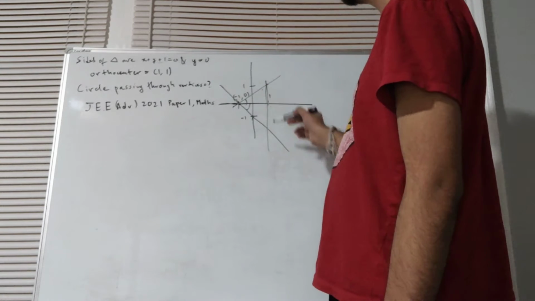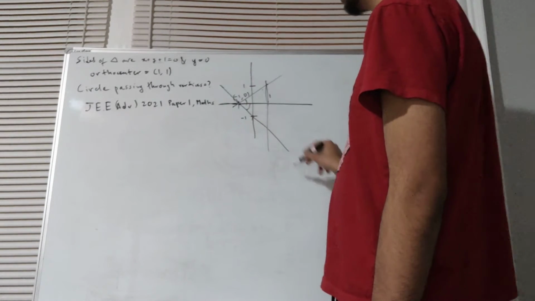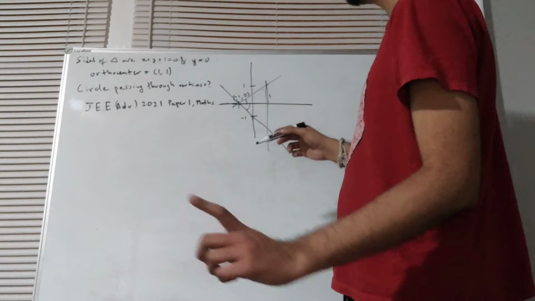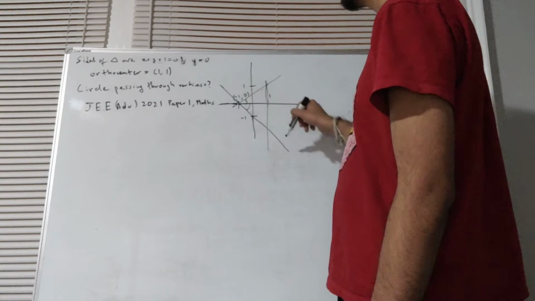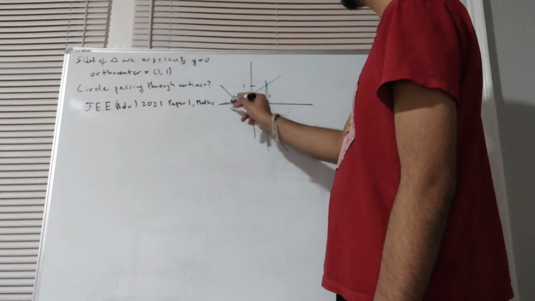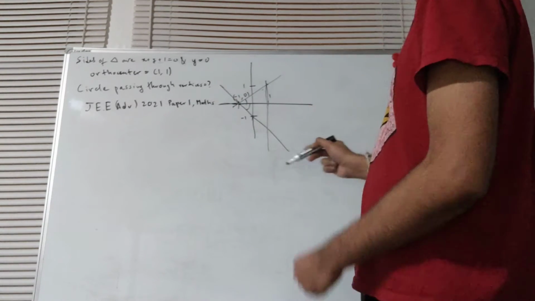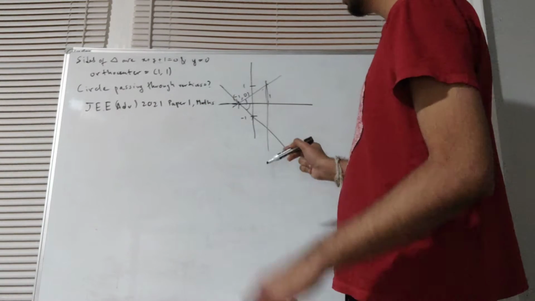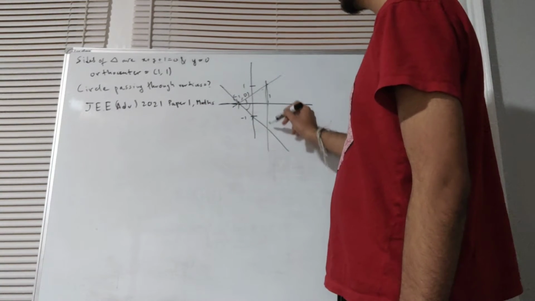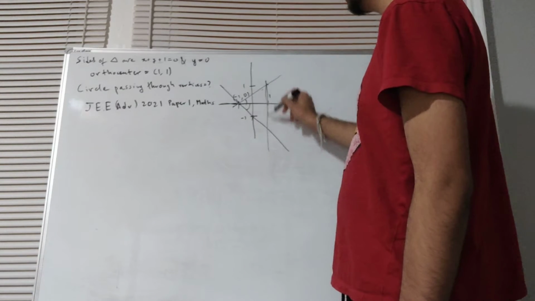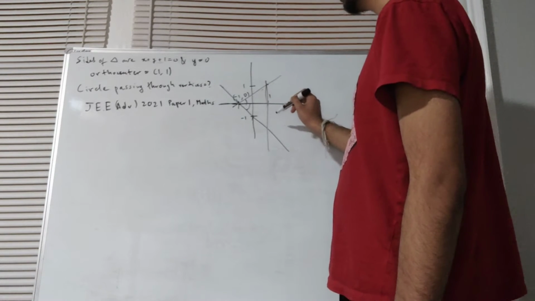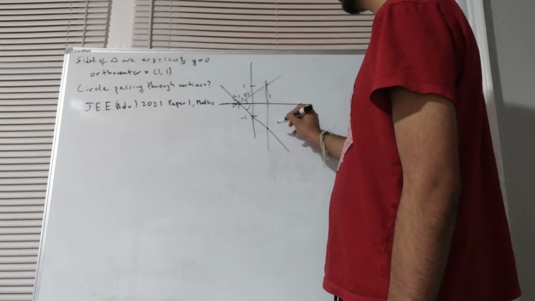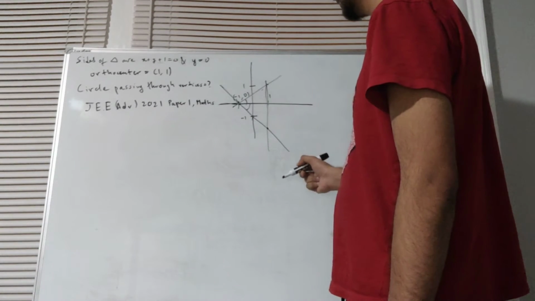So this sum is definitely less than 90. So it's not perpendicular to this line. So it's perpendicular to whatever is the third side of this triangle. So that means we know for sure that the third side is perpendicular to this. The third side meaning the side which is not this and this. So also because the altitudes pass through the vertices, this has to be one of the other vertices.